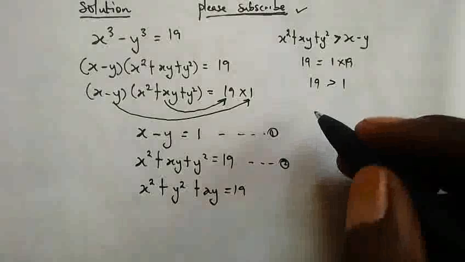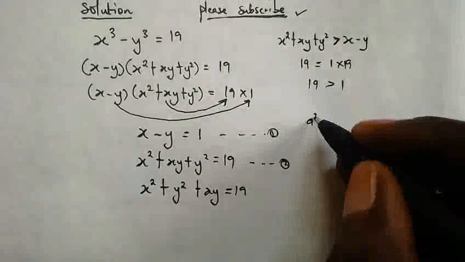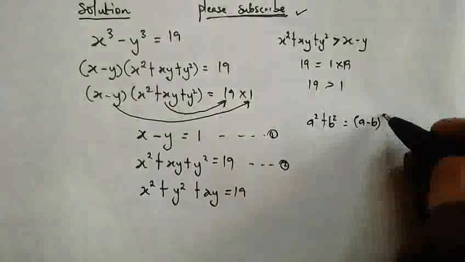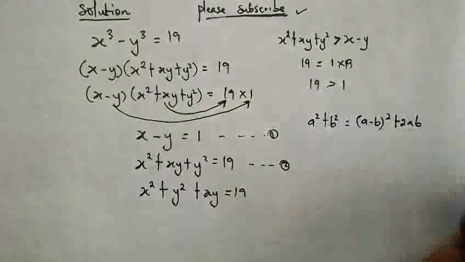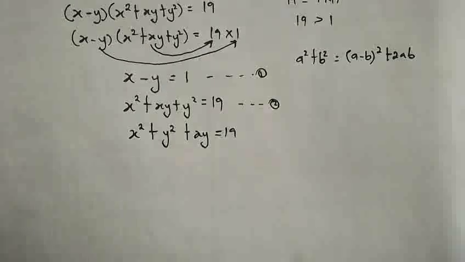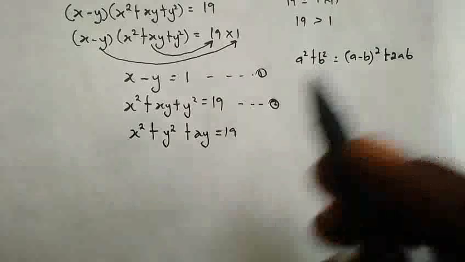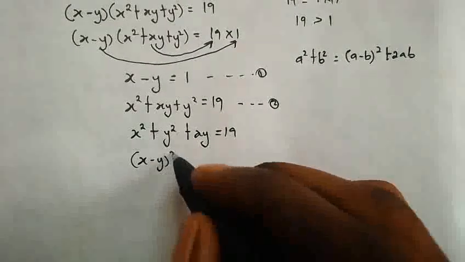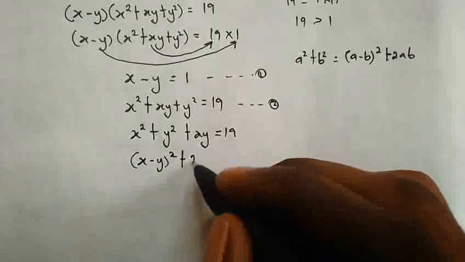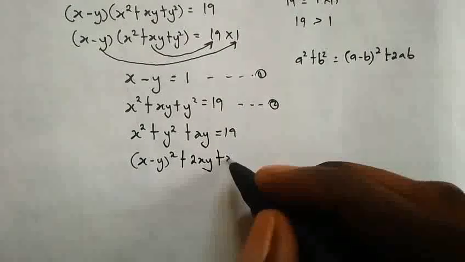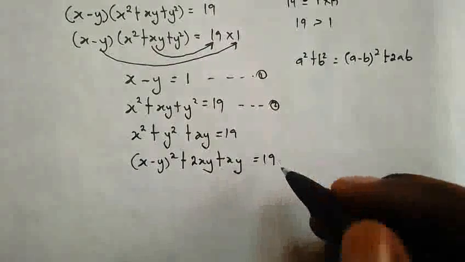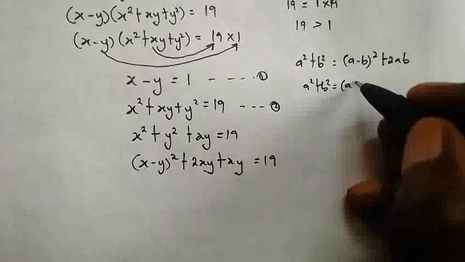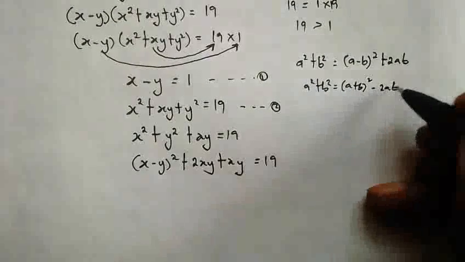Let us make use of this property that a squared plus b squared is equal to a minus b squared plus 2ab. So we have to use this very nice identity here. This is going to give us x minus y squared then plus 2xy plus xy, and this is equal to 19.